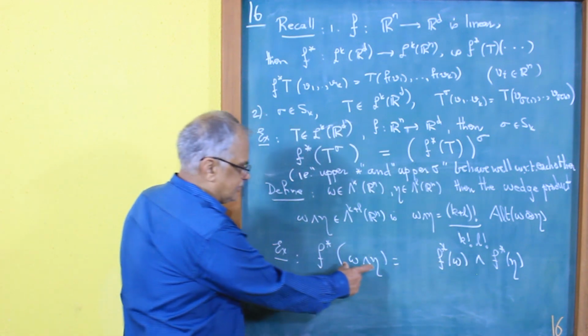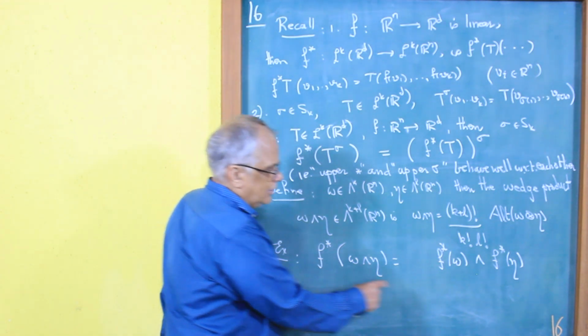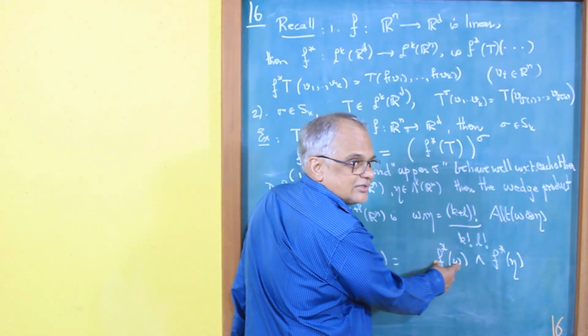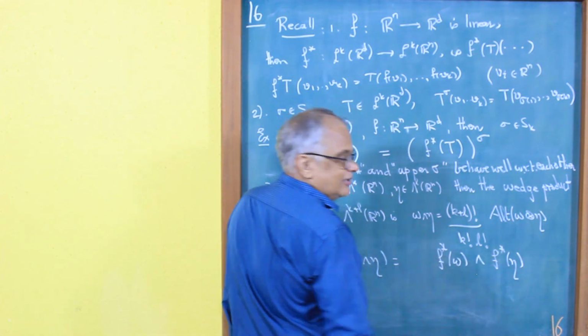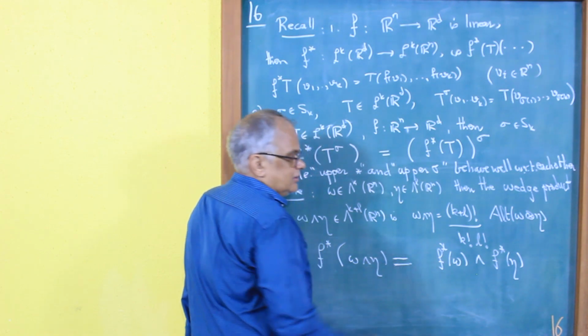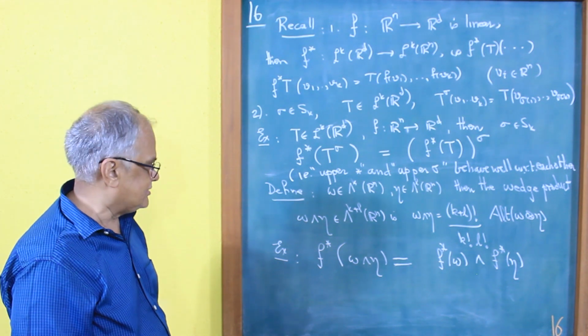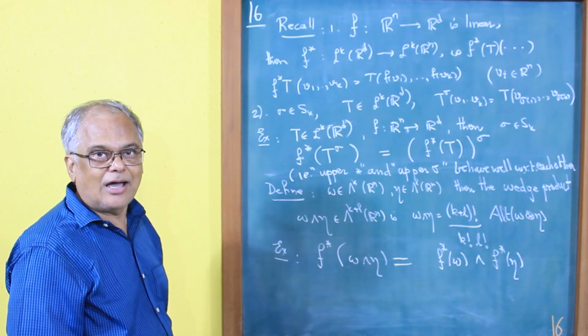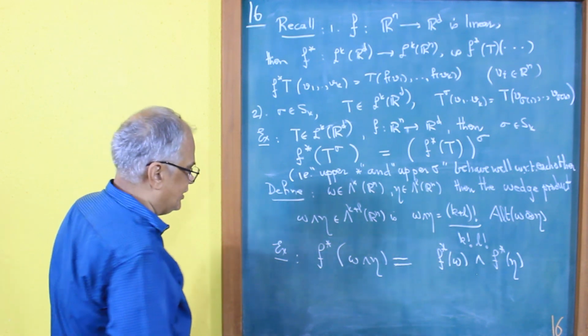So here I take the wedge product first and then take the f upper star of that. Here I am taking f upper star first omega and f upper star first eta, and then taking the wedge product. The exercise is these two are the same. The other way of saying this is that f upper star behaves well with respect to wedge.